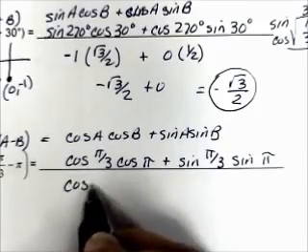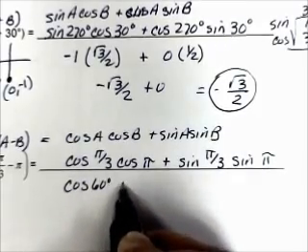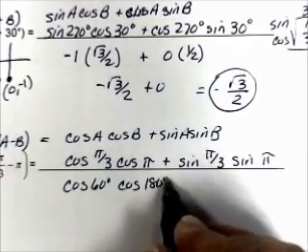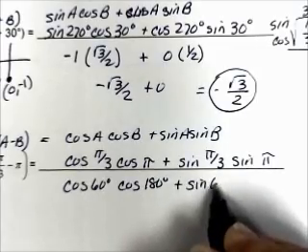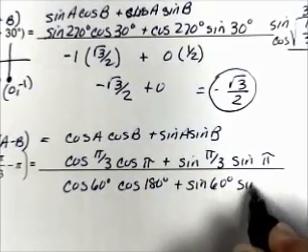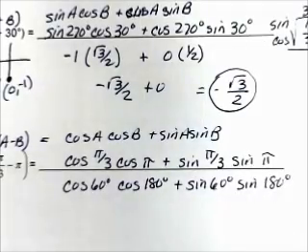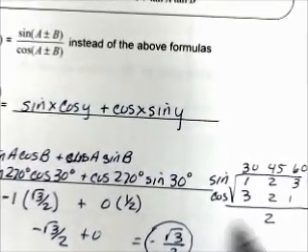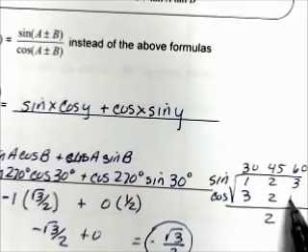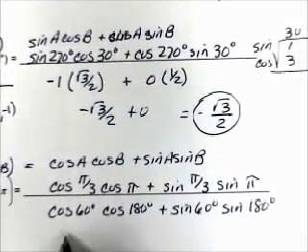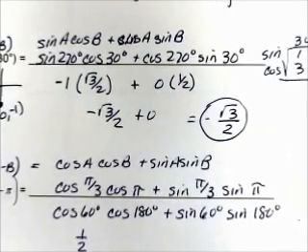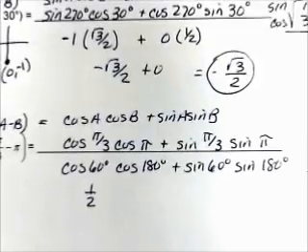So this would be the cosine of 60 degrees times the cosine of pi, which is equivalent to 180 degrees, plus sine 60 times sine 180. Okay, cosine of 60 degrees, look up at our trig table, square root of 1 over 2, or simply 1/2. So we're replacing cosine 60 with its value 1/2.